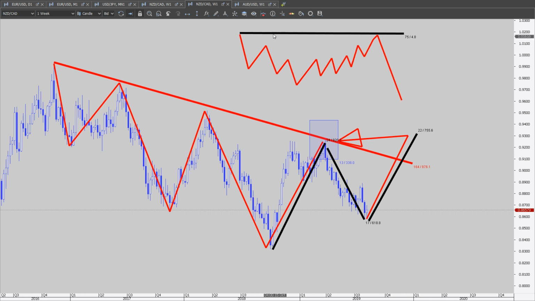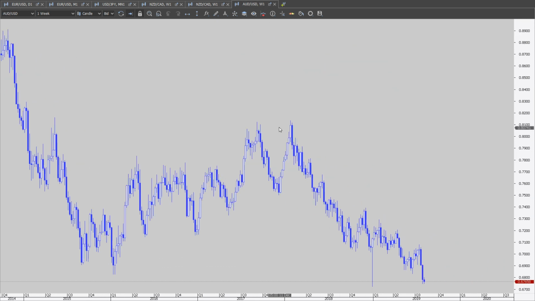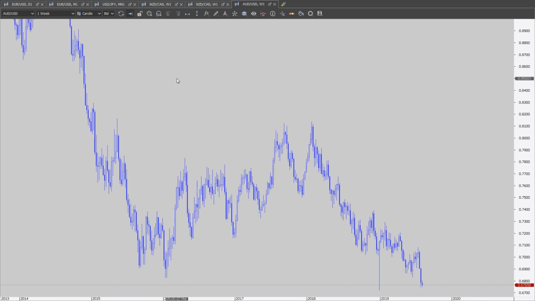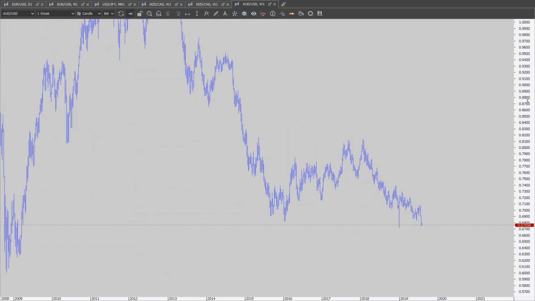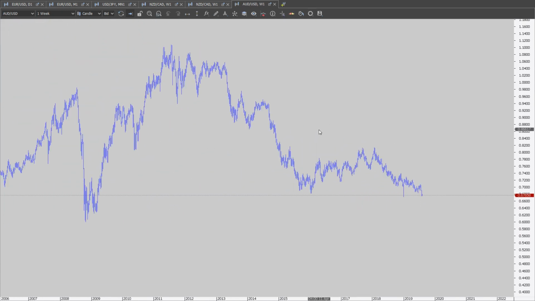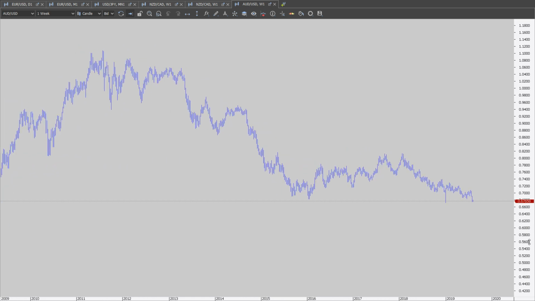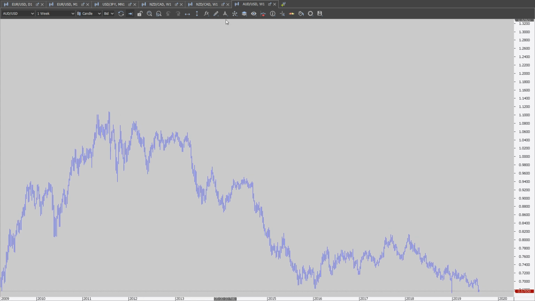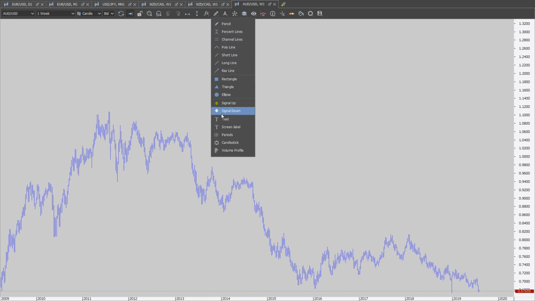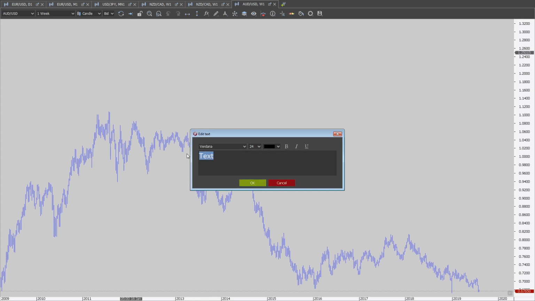Okay, AUDUSD weekly chart. Where are the bands? The upper band, the lower band. Okay, homework until tomorrow. Homework until tomorrow. You can send it on my email or Gmail.